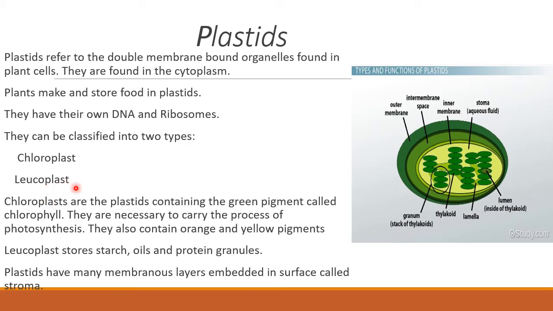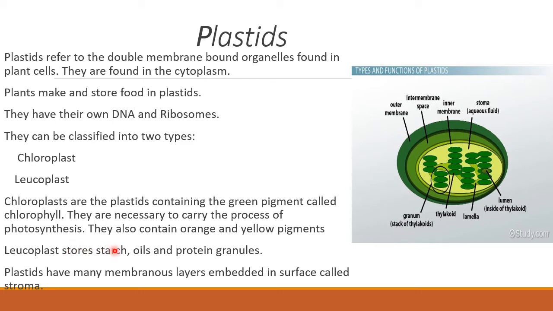Now chloroplast has a green color pigment. The chloroplasts are the plastids containing the green pigment called chlorophyll, which is very essential to carry out the process of photosynthesis, because if chlorophyll is not there, the process of photosynthesis won't take place. Why? Because chlorophyll absorbs the solar energy.